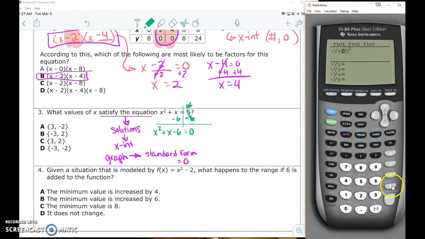Now this is something I can graph in my calculator to find the roots. X squared plus x minus 6. Graph. I can see that all of my solutions are whole numbers, so I'm just going to count on my graph. My first solution, negative 1, negative 2, negative 3.